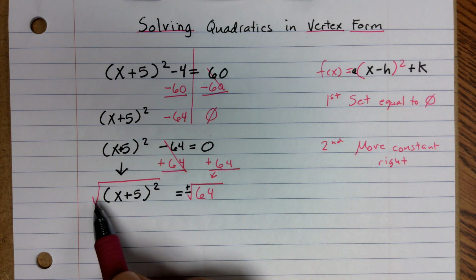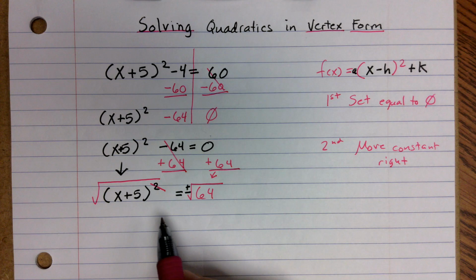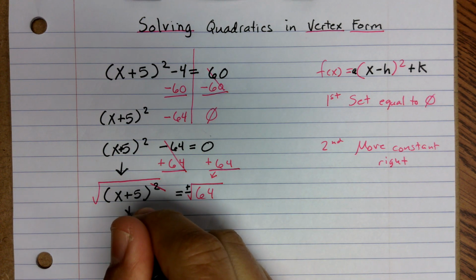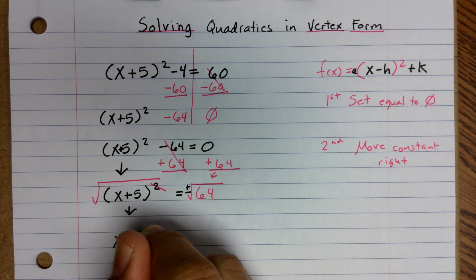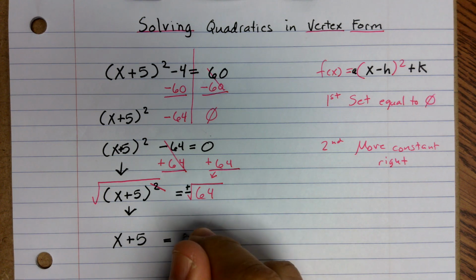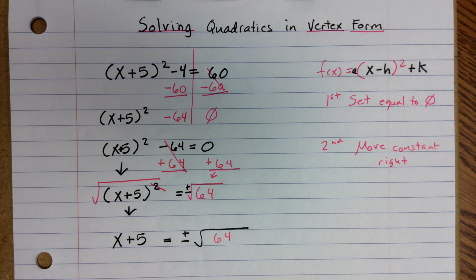Now anytime that I take the square root of something that's being squared, it simply just gets rid of the square. So notice I just drew a line through the 2. It no longer exists. All we have left now on the left hand side is simply x plus 5. And that's going to be equal to plus or minus the square root of 64. Now I do have another step that I must do.